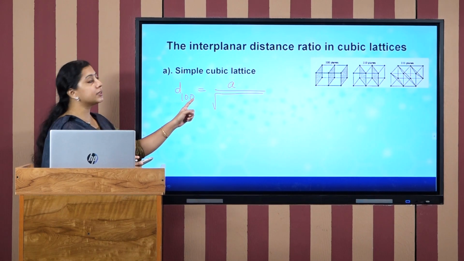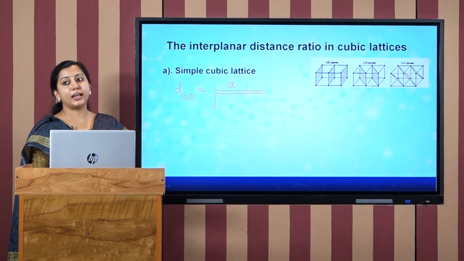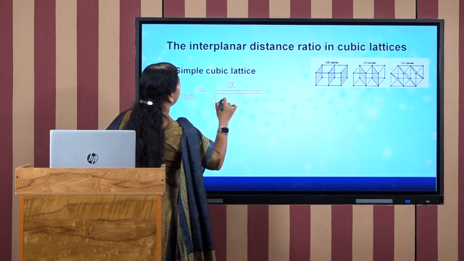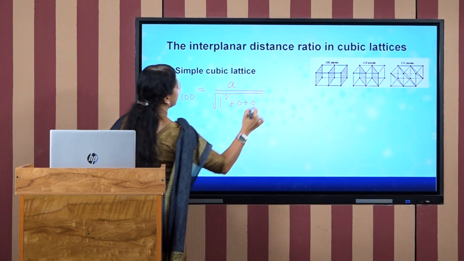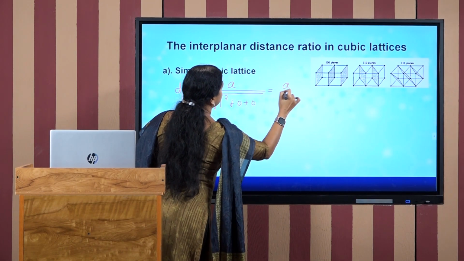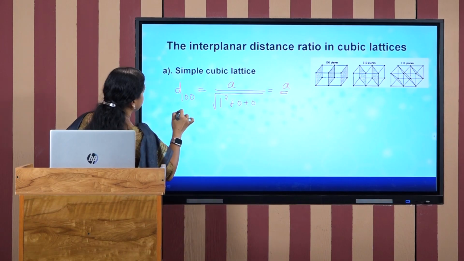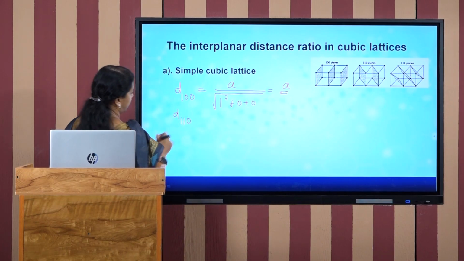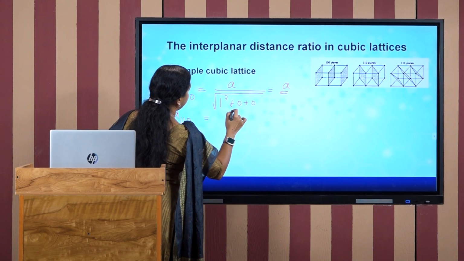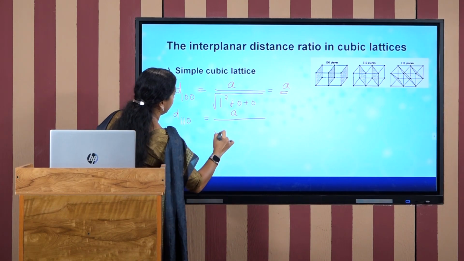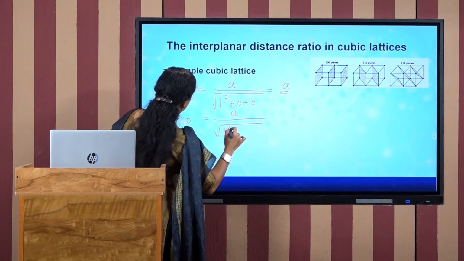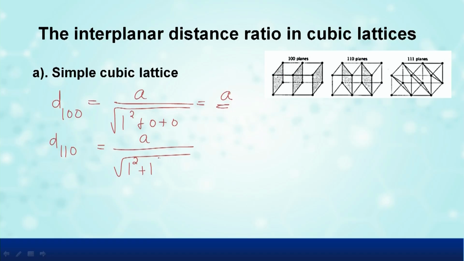So, 1 0 0 represents the h, k and l values respectively. So, we have 1 square plus 0 plus 0. So, that is equal to a. Now, the next plane is d 1 1 0. That is equal to a by root of 1 square plus 1 square plus 0. So, that is 1 plus 1, root 2.